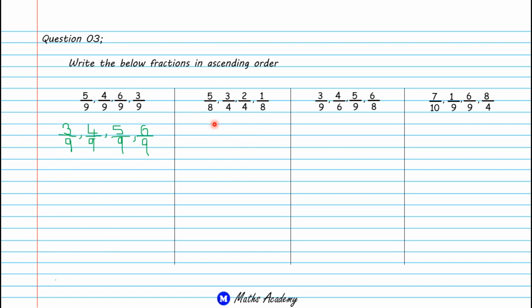And if you can see, the denominator of these is not equal. So to make this equal, we should multiply this fraction and this fraction by 2. Both the numerator and the denominator by 2, so that the denominator of all 4 fractions becomes common. That is 8. So this fraction multiplied by 2, this fraction 2 multiplied by 2.